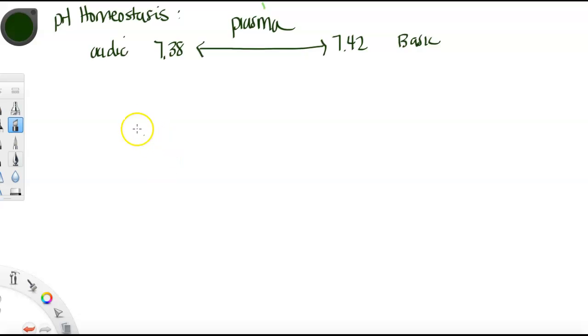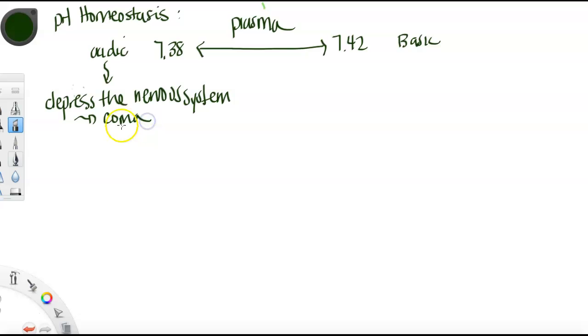So when we're in acidosis, that's going to depress the nervous system. So it will depress the nervous system, and eventually you would end up in a coma. That would be bad.